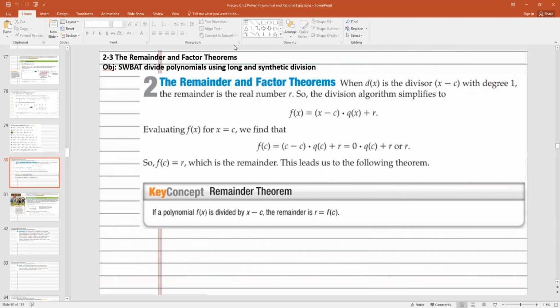What? So basically, whatever our remainder is going to be the solution, right? Remainder is the solution. And you will see it here.